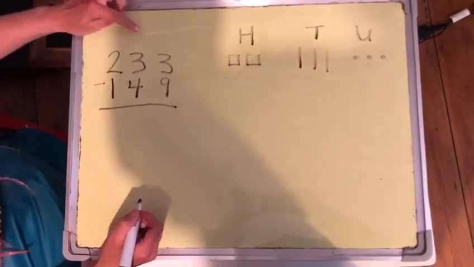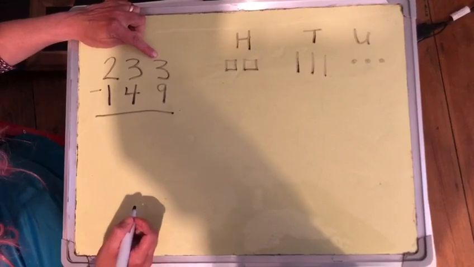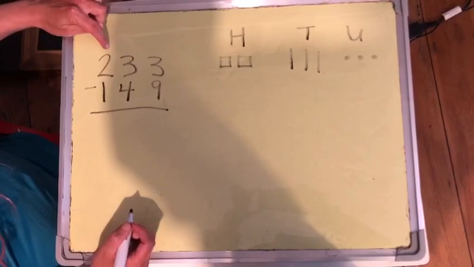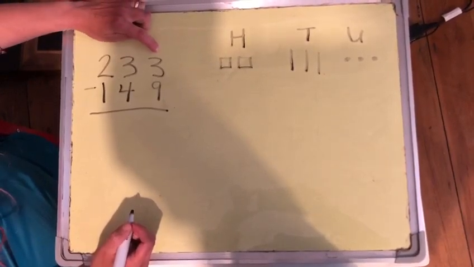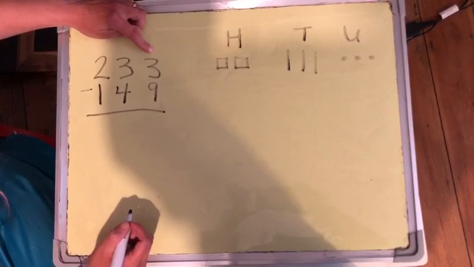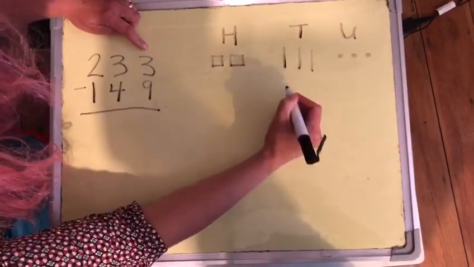233. Now, when subtracting, you must always subtract your units first. Never tens, never hundreds. 3 take away 9, AWJ class? Impossible. I only have 3 ones. I can't take away 9.